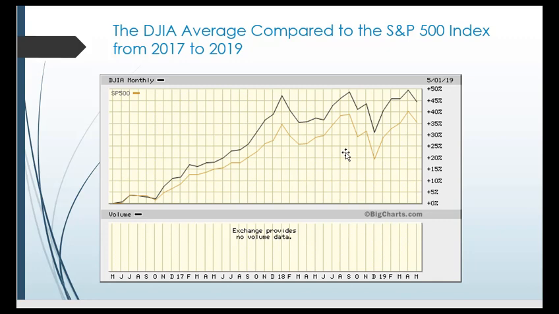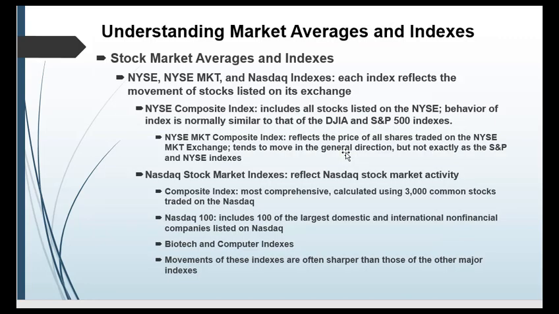So again, there are lots of ways that we can measure this. The time that you pick is the most important thing when you want to make some type of analysis or make comparisons.